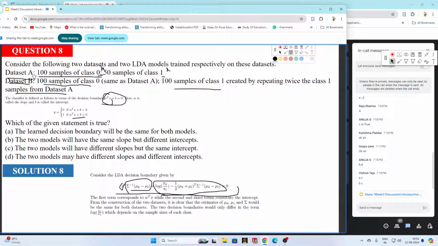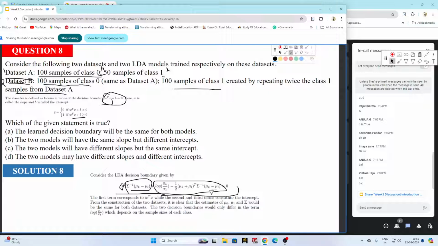Dataset means we are talking about models. You can see the mean is the same for model 1 as well as model 2. As the mean is the same, this term will be the same for both models. But what about the intercept?